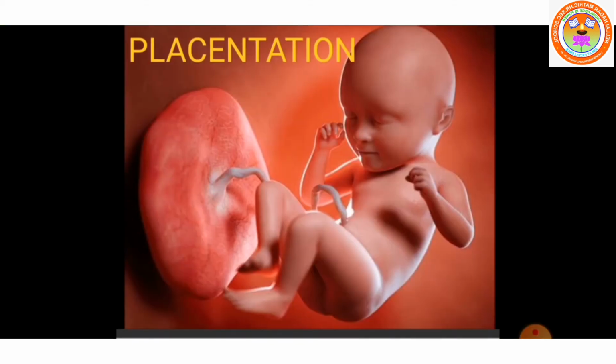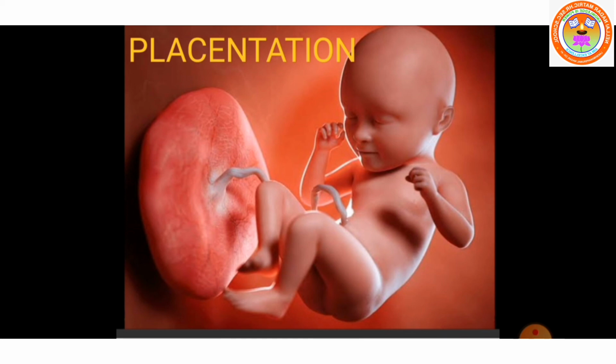Next, placentation. So what is placenta? Placentation is the formation of placenta, which is the intimate connection between fetus and uterine wall of the mother for exchange of nutrients. Placenta is a temporary endocrine organ formed during pregnancy and it connects the fetus to the uterine wall through the umbilical cord. It is the organ by which the nutritive, respiratory and excretory functions are fulfilled.